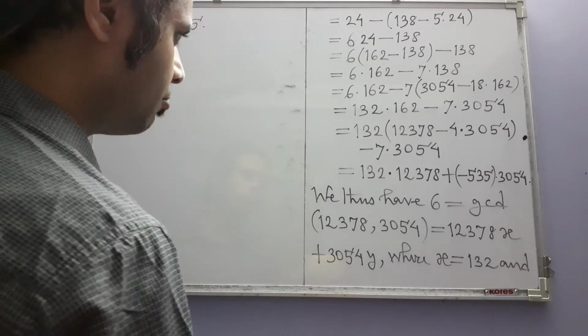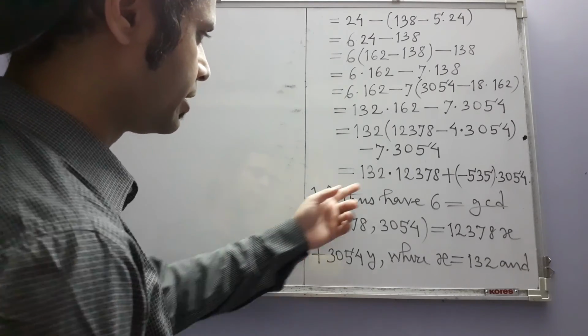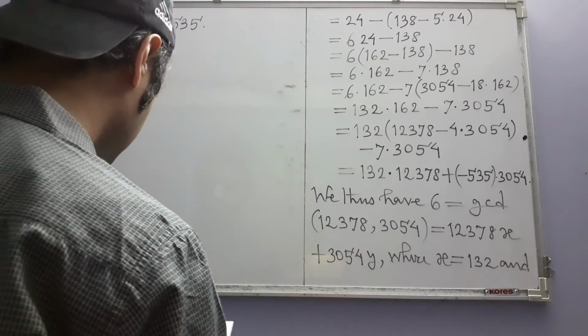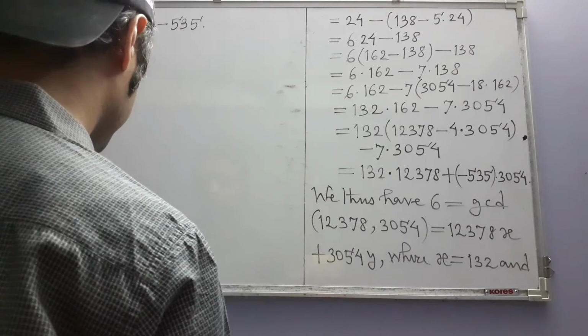So we have found one way of expressing 6 as a linear combination of these two integers, but this is not the only way.